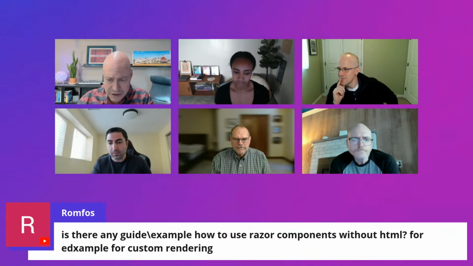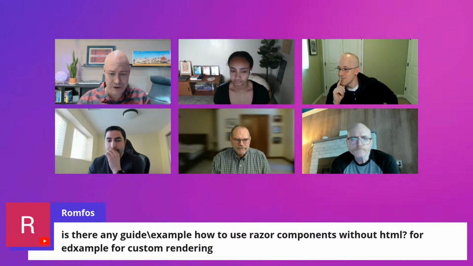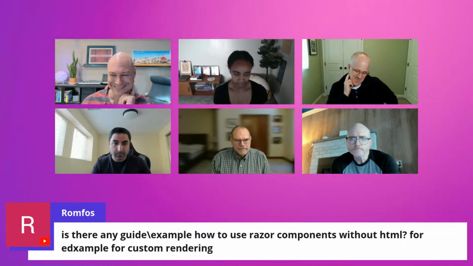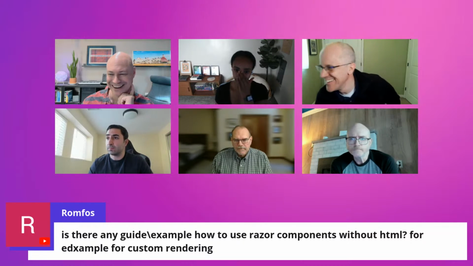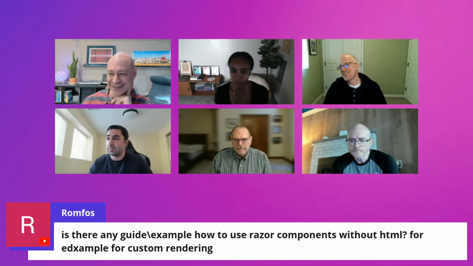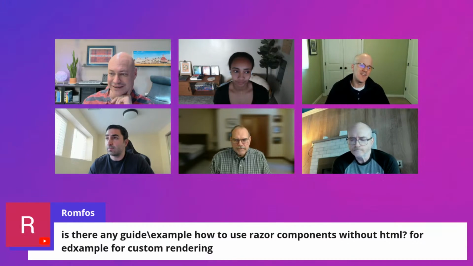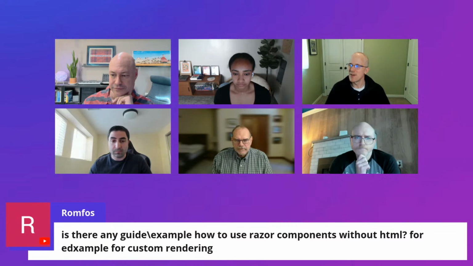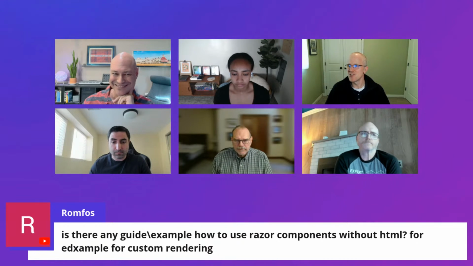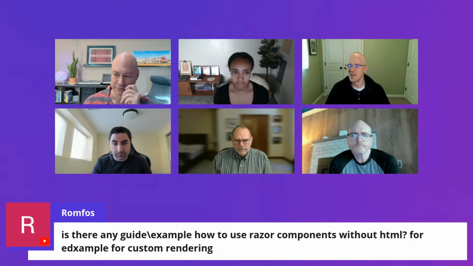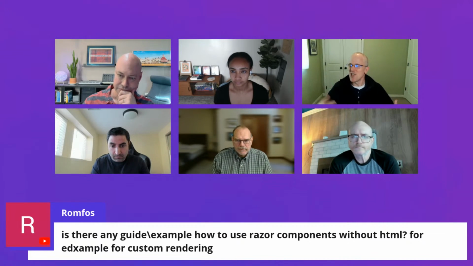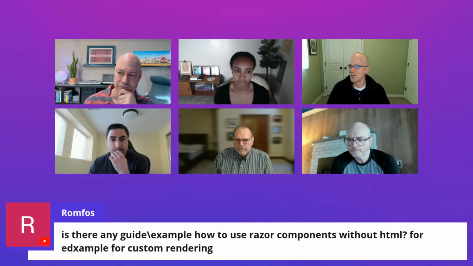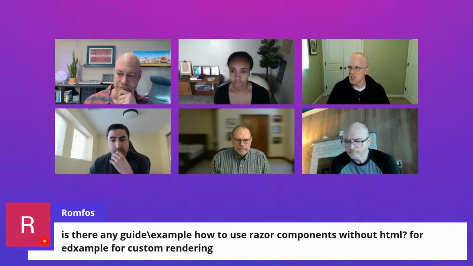Guide for using Razor components without HTML, for example, custom rendering. Oh, wow. There's some history here, right? Razor started out with aspirations to be a very general purpose templating engine, not just for HTML, just C# rendering strings of stuff. As we've evolved Blazor over the years, it's gotten more and more tied in with specifically HTML rendering.